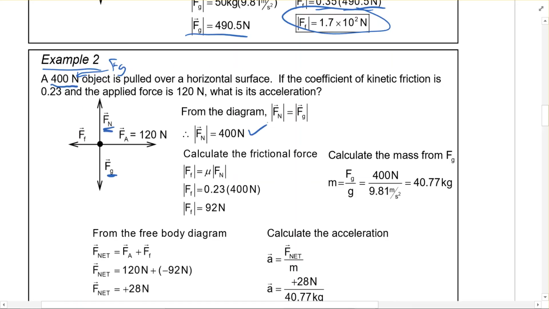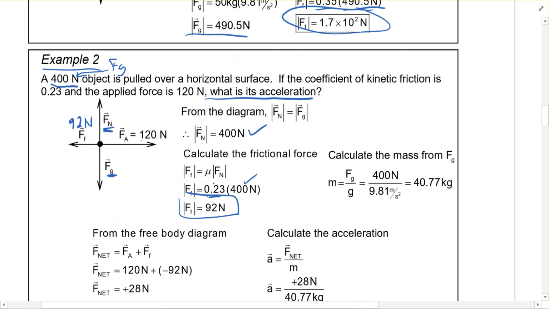Now what we're going to do is figure out the frictional force. And that's pretty easy. All we got to do is multiply 400 times our coefficient of kinetic friction. So our force of friction is 92 newtons. Now remember, if we're talking about what is this thing's acceleration, I need to have the net force.